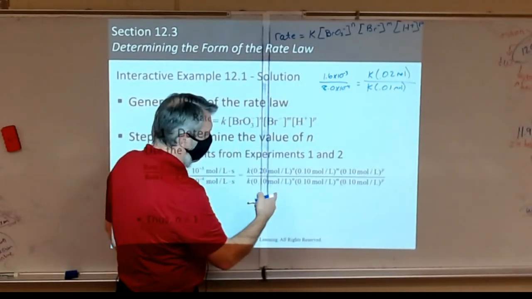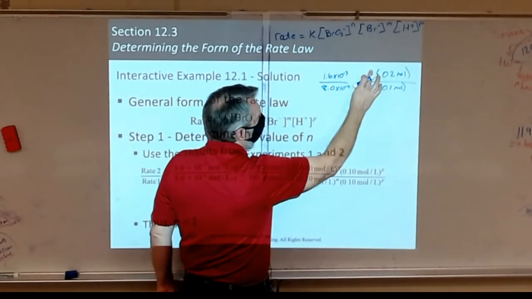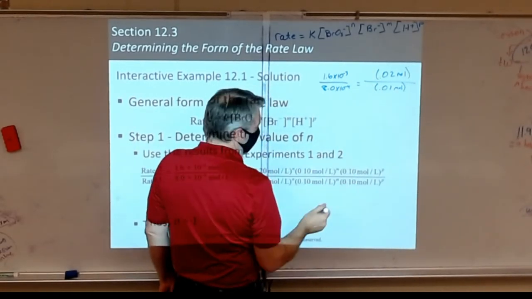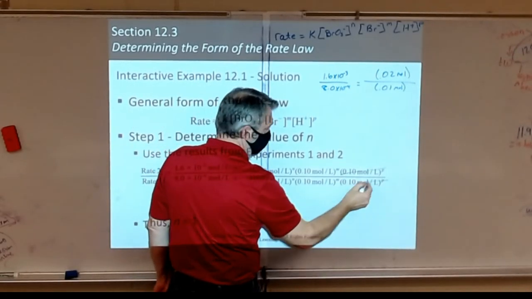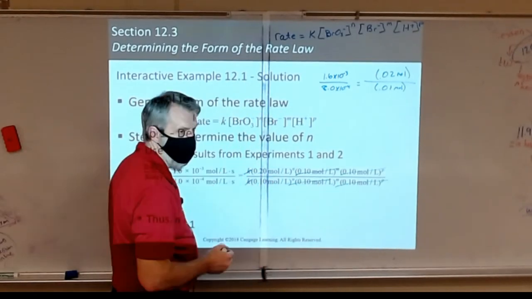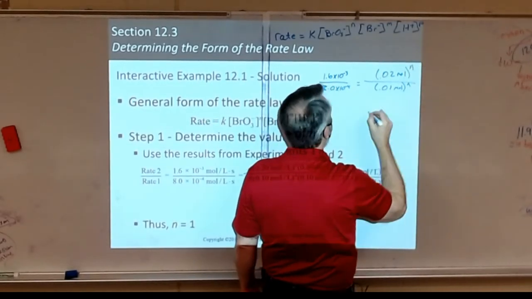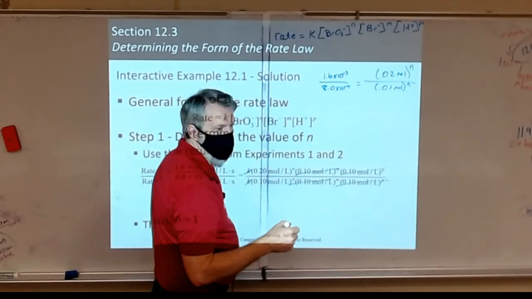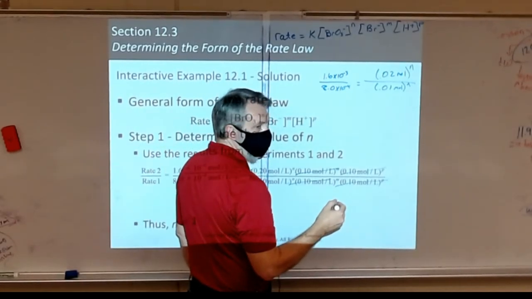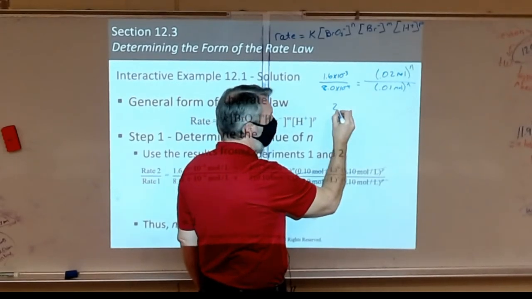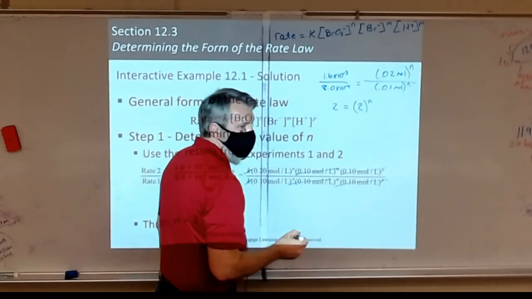Now notice what's going on here. What can I cancel? I can cancel the k's, so not write those. What else can I cancel? How about these? And in fact, I can actually rewrite this. This is the power of n. So 1.6 times 10 to the minus 3 divided by 8 times 10 to the minus 4 is 2. 2 equals 2 to the power of n.